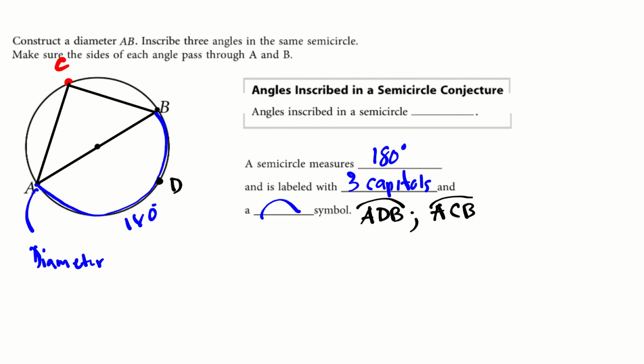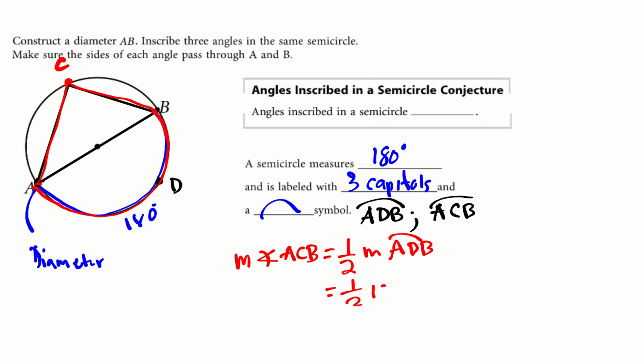Now, the endpoints of angle ACB are at the endpoints of the diameter. That means that it is going to measure half the measure of that arc. So the measure of angle ACB is going to be half the measure of the intercepted arc, which is arc ADB, or half of 180.